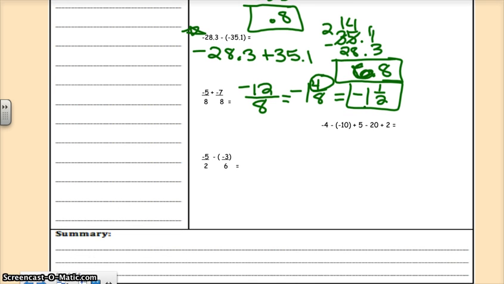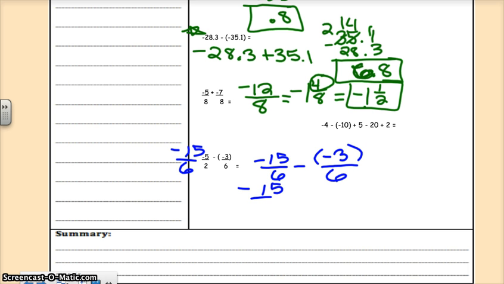Next one, we need a common denominator of 6, and I also need to change this to plus the opposite. 2 times 3 is 6. Negative 5 times 3 is negative 15. So this turns into negative 15 over 6 minus a negative 3 over 6.